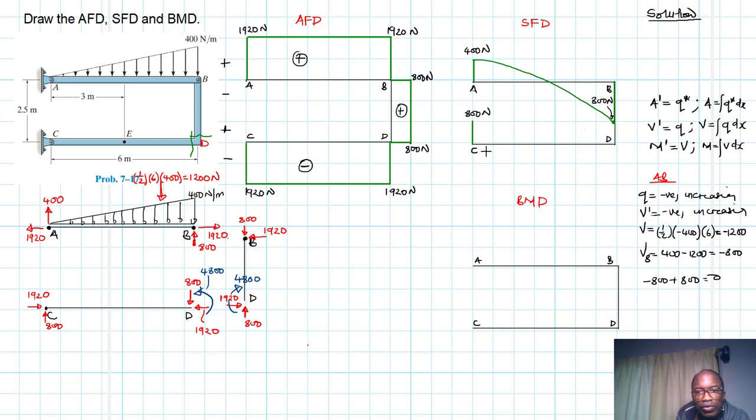All right, so 800 there. We are saying we don't have any lateral distributed force from C to D. Therefore, we expect a constant slope for our shear from C to D, and it will just be a straight line like so. We just run there up to there, and then when we reach D, our value of our shear becomes negative. Therefore, the two are going to add up algebraically, and when that happens, then it's going to be closure. Here, I think I need to use a different color. Let me use blue so that they are different.